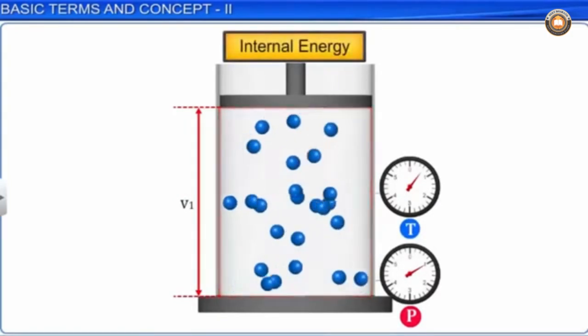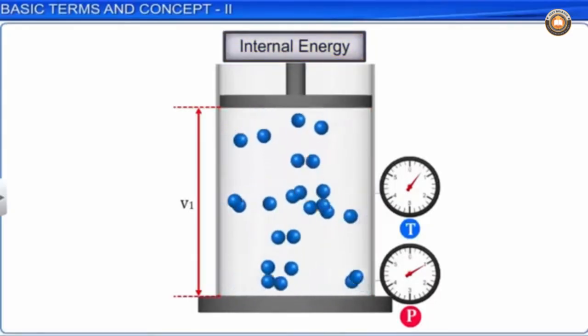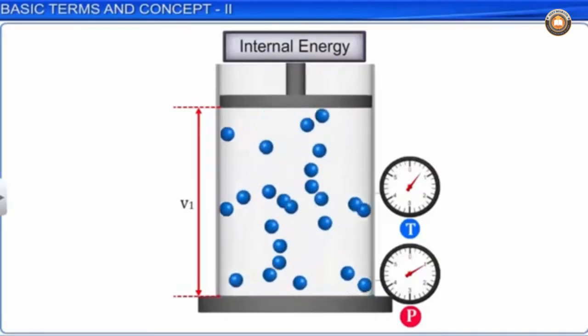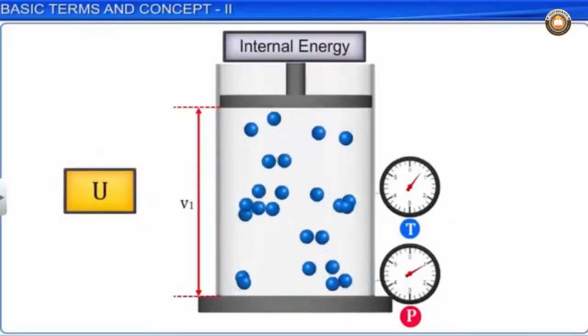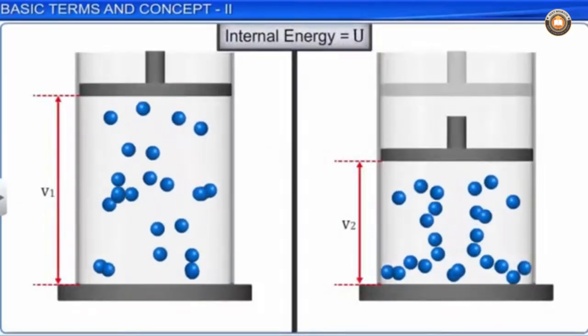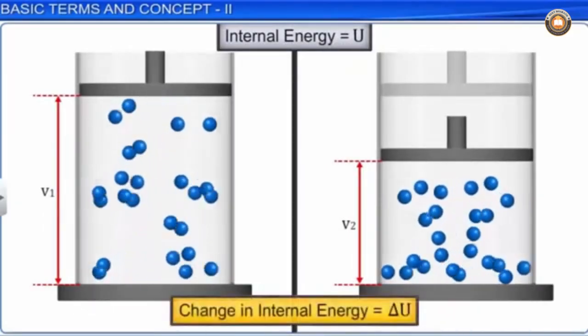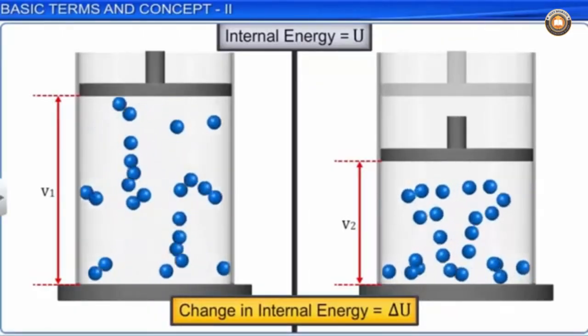In other words, internal energy is the sum of all the possible kinds of energy of a system. Internal energy is represented by capital U. The absolute value of internal energy cannot be found. However, change in it, represented by delta U, can be found.